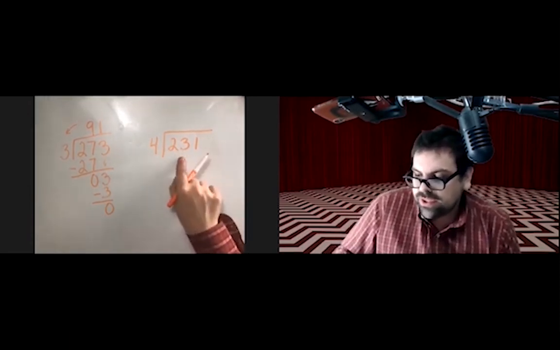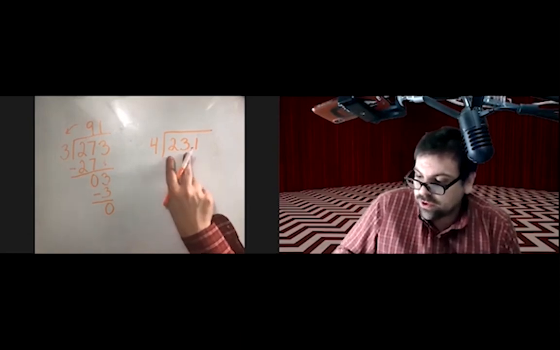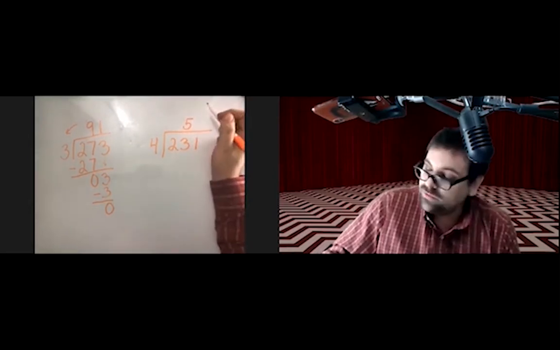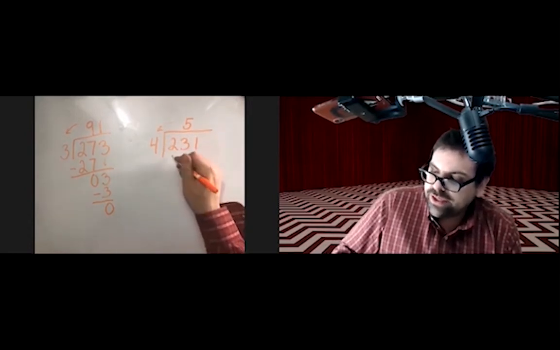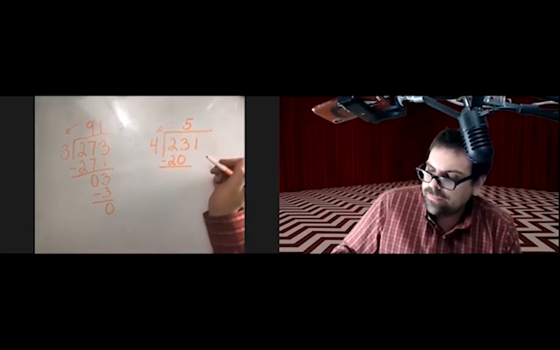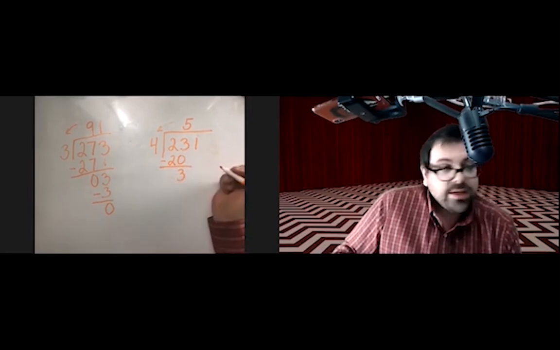Expand. 4 goes into 23 how many times? 4 goes into 23 5 times without going over. Price is Right rules. Multiply around the corner. 5 times 4 is 20. We subtract the whole thing. 23 minus 20 is 3.